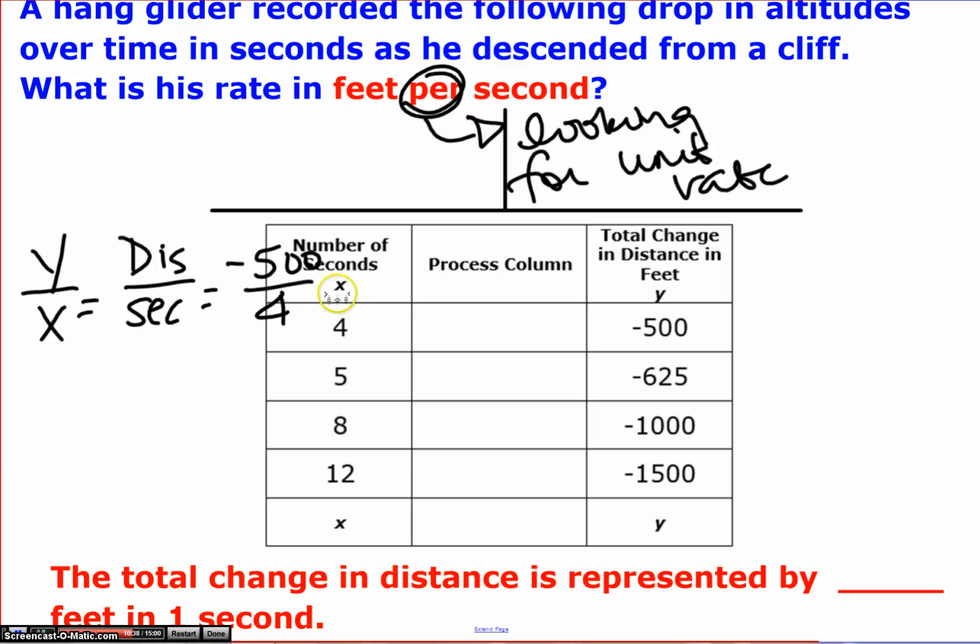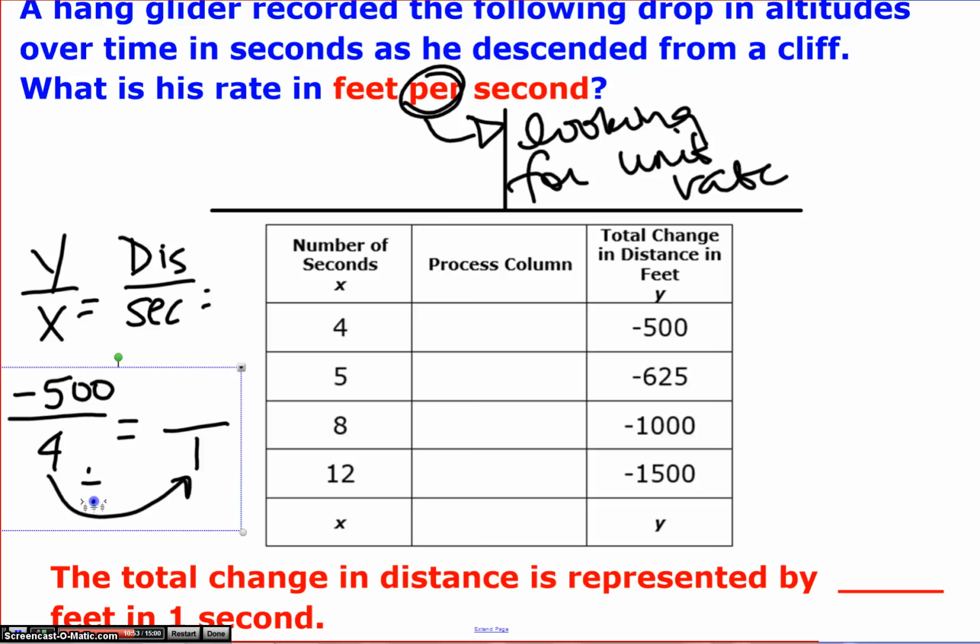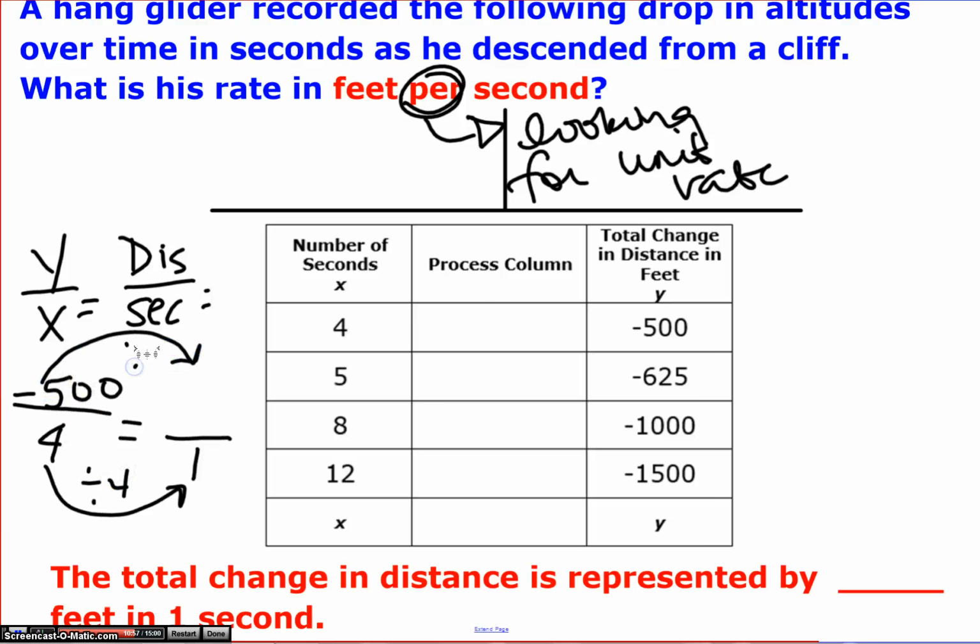But we're looking for, I'm going to rewrite this, guys. So negative 500 over 4. But we're looking for what it is for 1. So how do you get from 4 to 1? You divide by 4. So if you do it to the bottom, you have to do it to the top. Negative 500 divided by 4, if you don't have a calculator, do it old school.